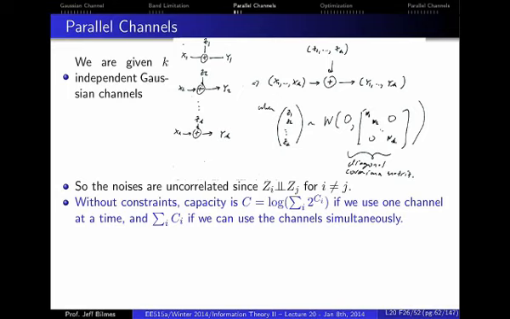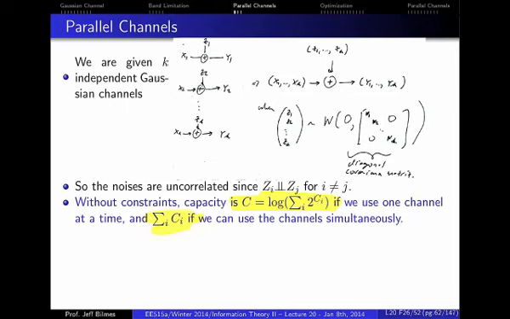In fact, this was related to the final exam that we gave last quarter, where if we're using one channel at a time, the capacity is going to be equal to log of the sum of 2 to the Ci, where Ci is the capacity of each of the channels. And if we can use the channels simultaneously, then we just sum the capacities.